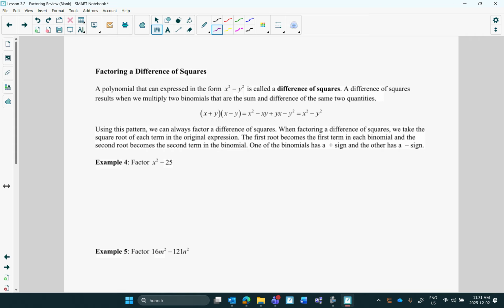Do we remember how to do this one? x plus 5. So it's always going to break up into 2 factors, 2 binomials, always. And I heard somebody say x plus 5, x minus 5.